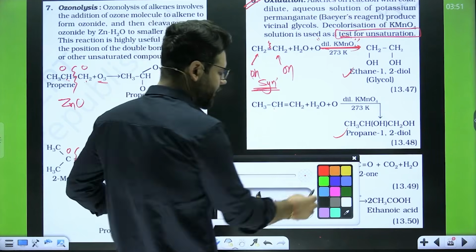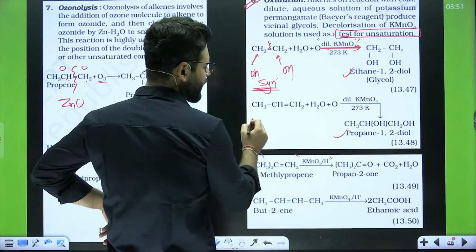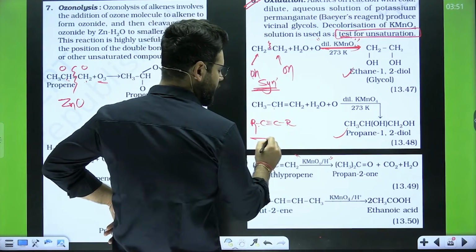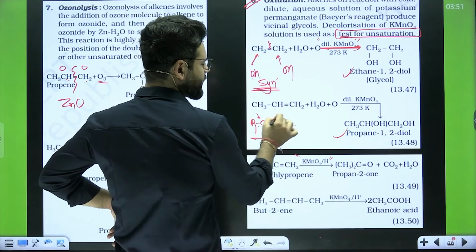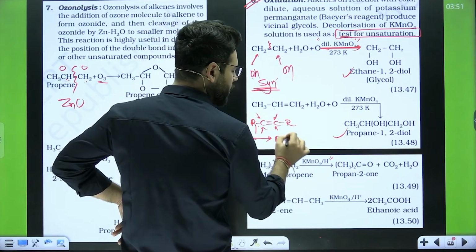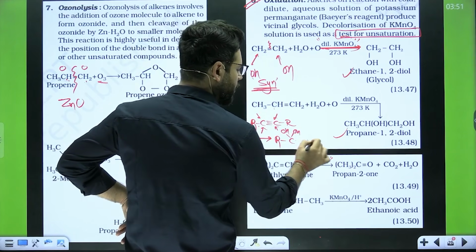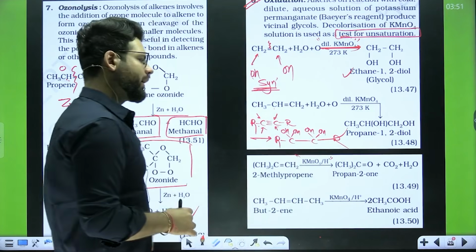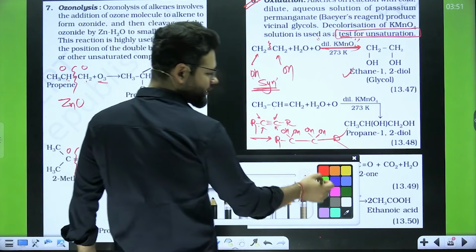When you take ethyne, or any alkyne, R, C triple bond C, R, first time OH will attack here, second time OH will attack here, giving you 2 OH on the same carbon. And we know that 2 OH on the same carbon are never stable.